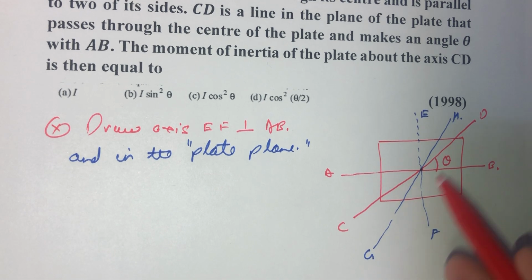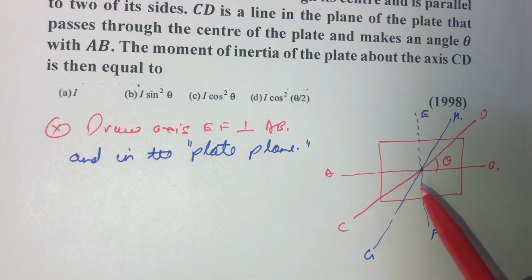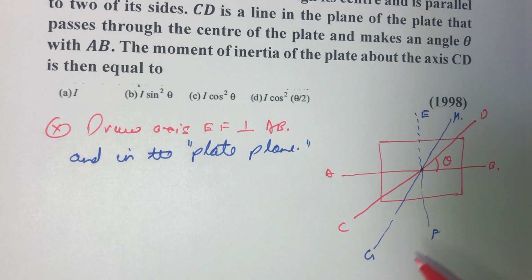And we also constructed another axis GH, which is perpendicular to both AB and EF but not in the plane of the plate.